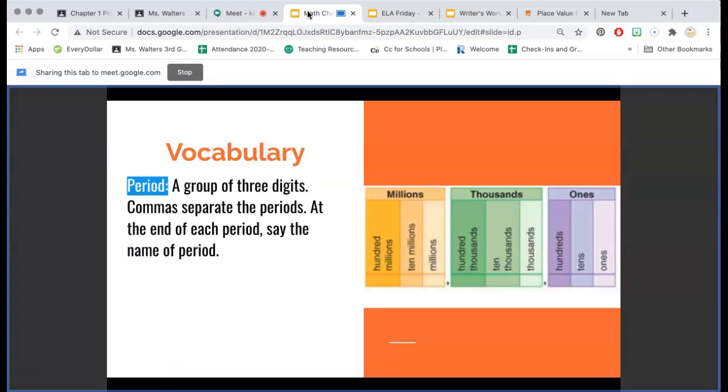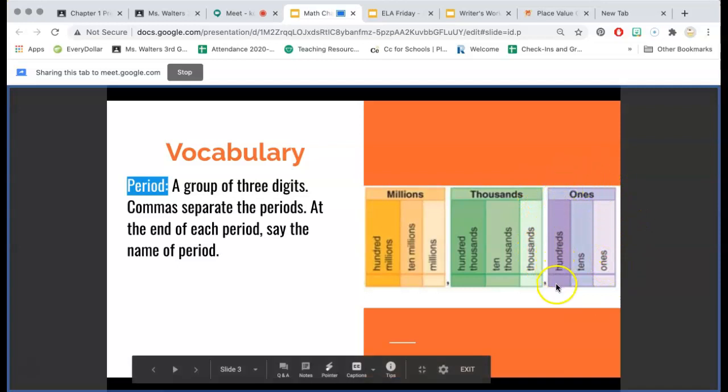so our vocabulary today is period, and a period is a group of 3 digits. So if we look here at this place value chart, we have ones, tens, and hundreds. So we have the ones place, or the ones period.